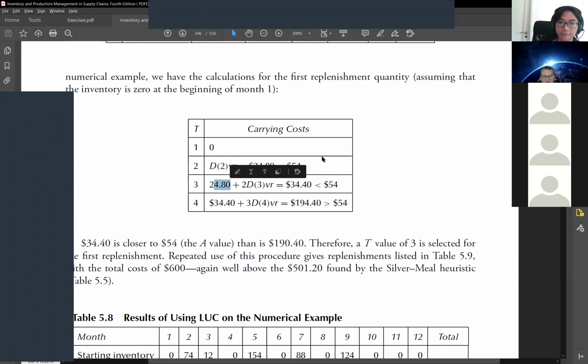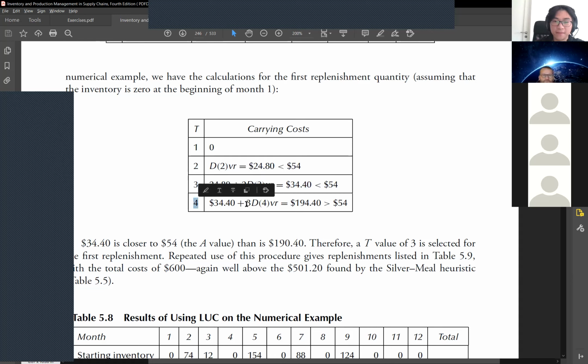And this is the total carrying cost from the previous step, if T equals 3. If we increase T, we are carrying the demand of the third month for 2 months, because it stays here and here for 2 months. So we multiply it by 2, and we get the total cost.